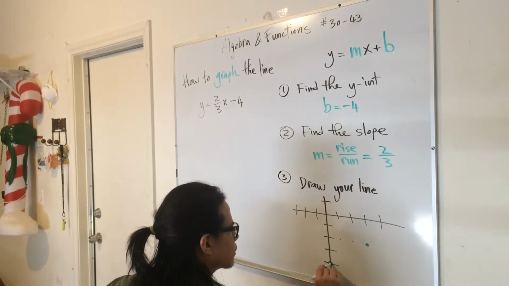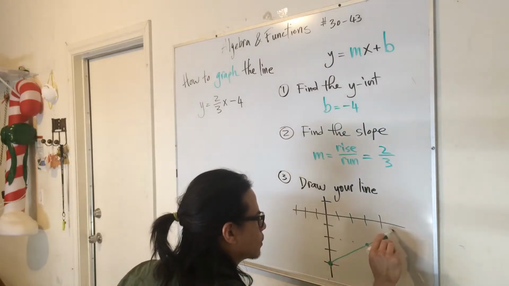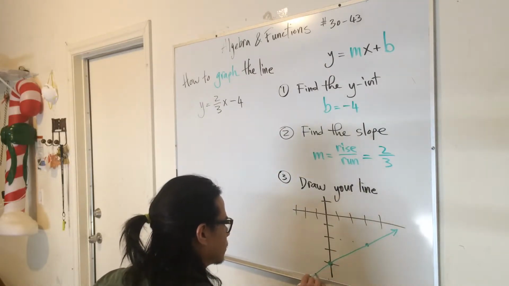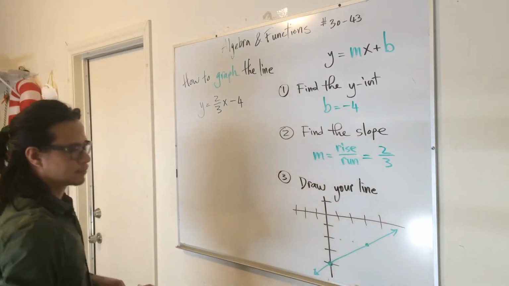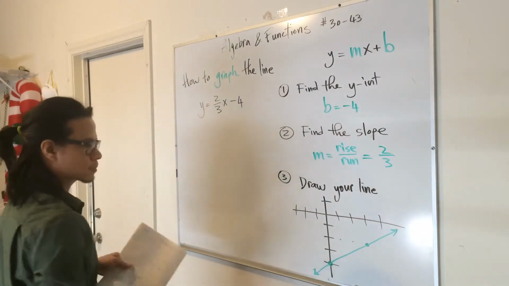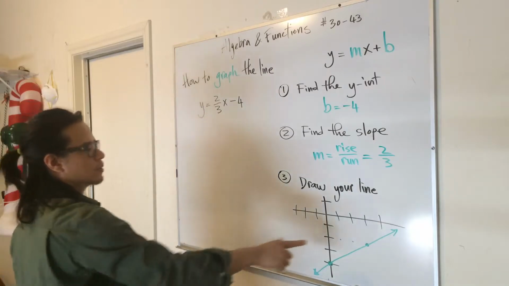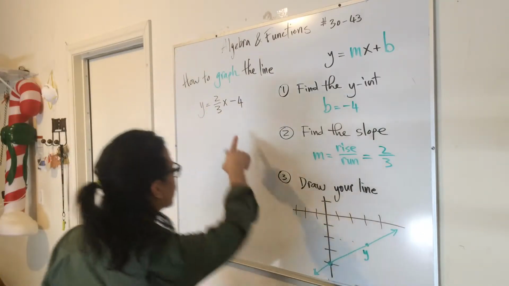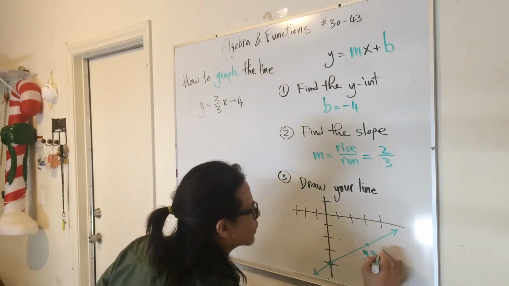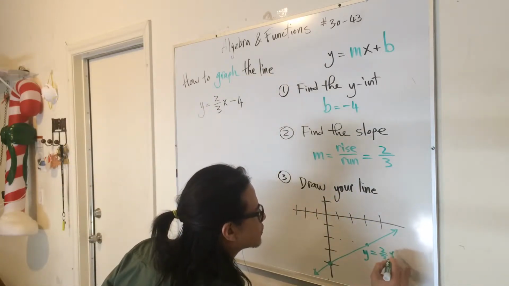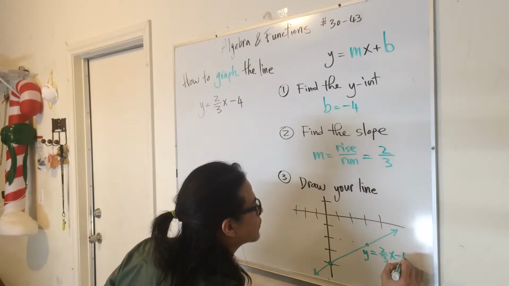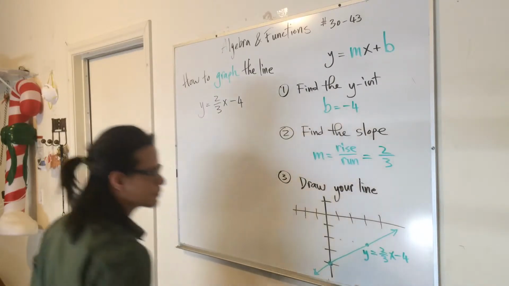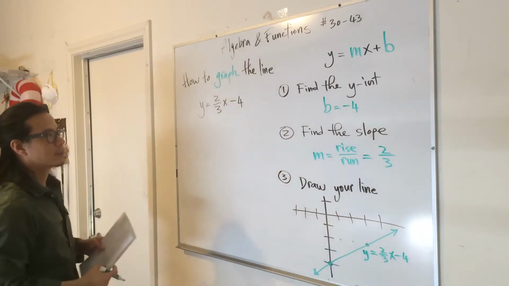Again, you can draw your line. There you go. Technically, you want to label the line as y equals 2/3 x minus 4. There it is.